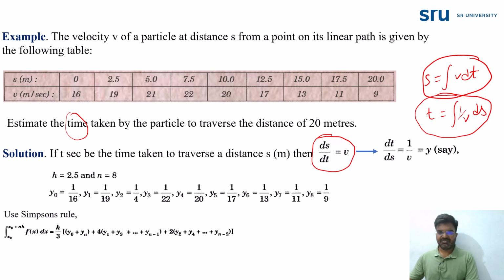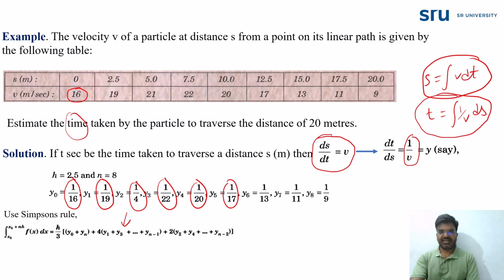But very carefully, here we are not using v, we are using 1 by v. It is denoted by y. The table consists only of v values, and now we need 1 by v. So first you have to write the 1 by v values, then put all these values in the formula, and you will get the final answer.